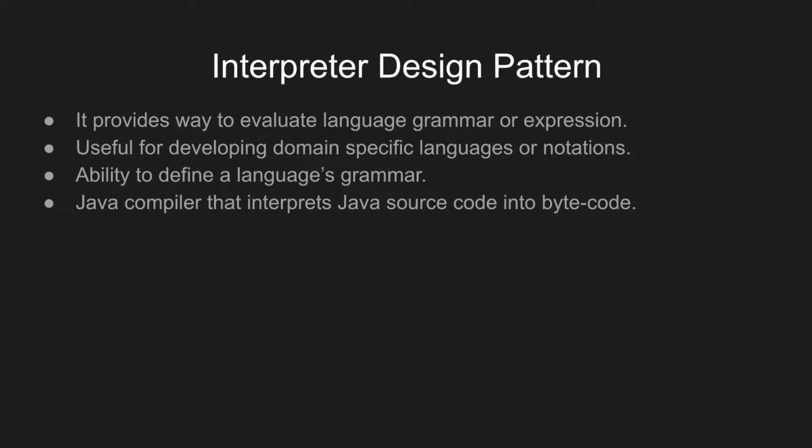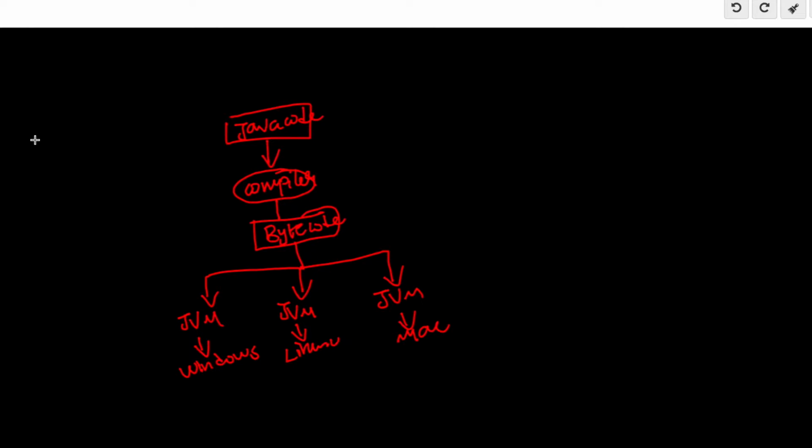And then, the Java compiler interprets Java source code into bytecode. Here, in our daily life we would have been using an interpreter in Java itself, because Java code is interpreted into bytecode using the compiler. This compiler converts the Java source code to bytecode. Here the compiler is acting as an interpreter which converts the source code to bytecode, and after converting to bytecode, that could be consumed by any number of JVMs, Java Virtual Machines.